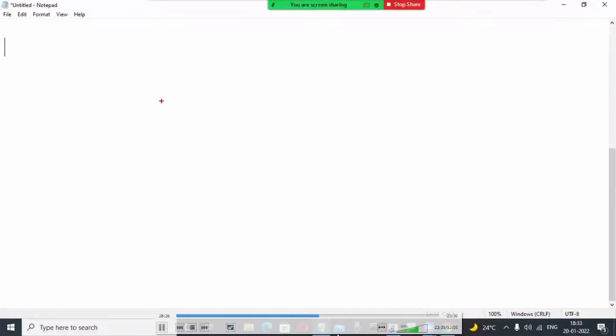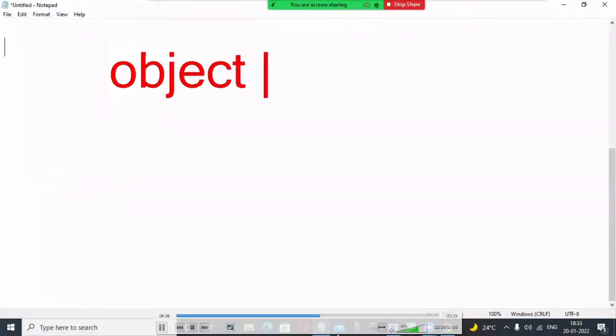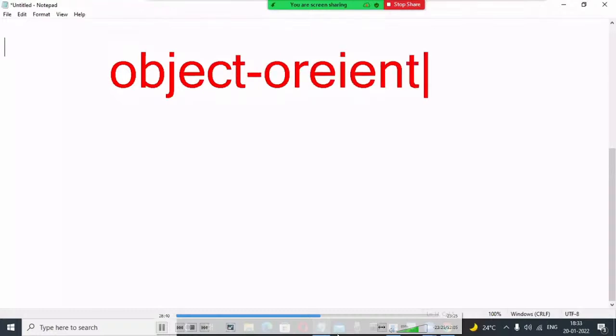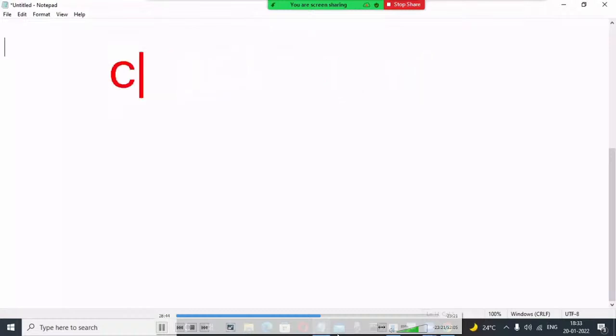Suppose there are so many object-oriented languages worldwide. Maybe so many fellows have an idea. What are the object-oriented languages worldwide? C++ is an object-oriented language. Java is a popular object-oriented language.